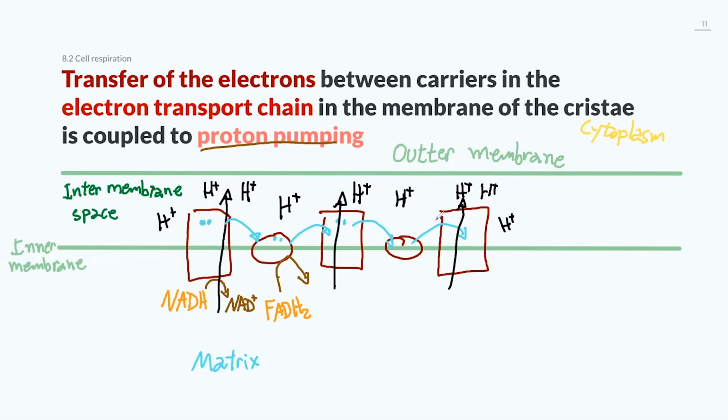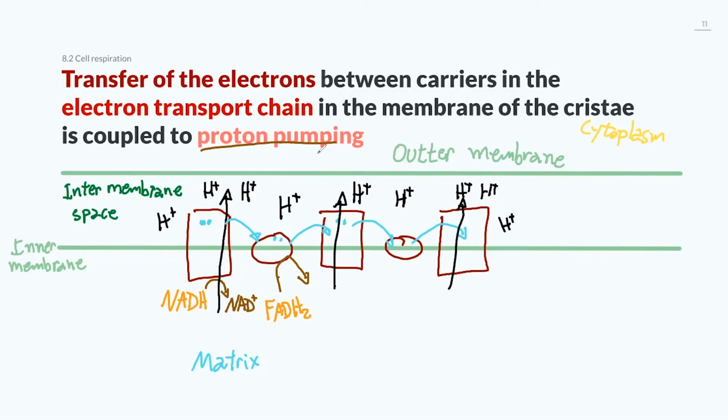They want to be away from other positive particles, so they are pushing each other. They don't want to be there, but the electrons are forcing these hydrogen ions to be pumped there. So the pressure is building up in this intermembrane space.